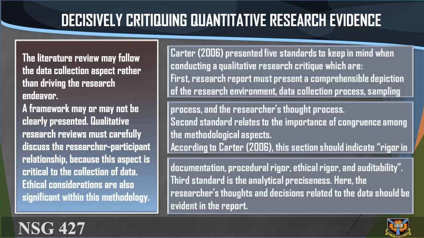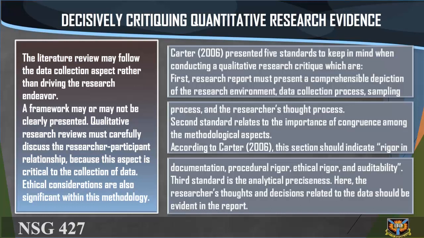A second standard relates to the importance of congruence among the methodological aspects. According to Keita 2006, this section should indicate rigor in documentation, procedural rigor, ethical rigor, and auditability. The third standard is the analytical preciseness.